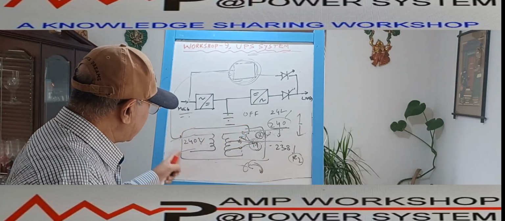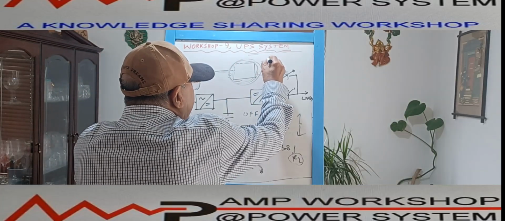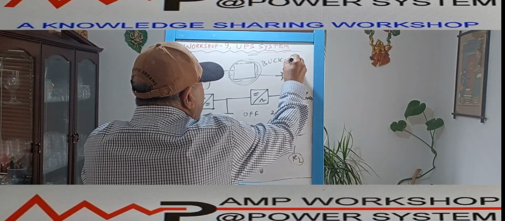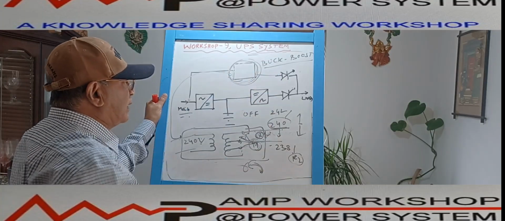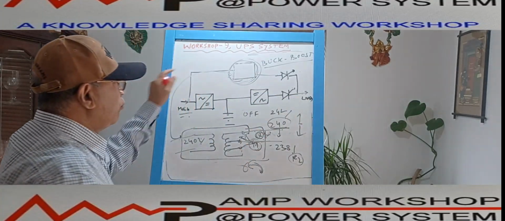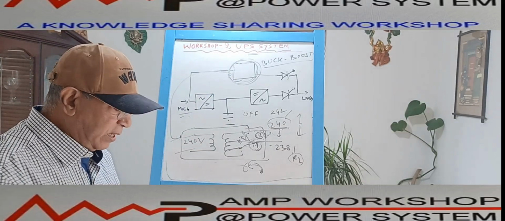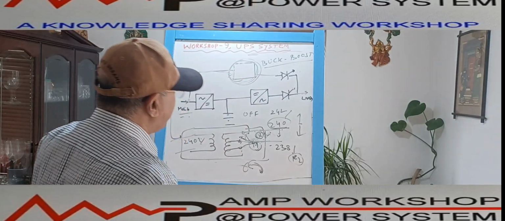So if this transformer is added over here, it is called a buck boost transformer. If I use the buck boost transformer in the bypass line to get a better voltage profile on the load, then we call it an offline interactive UPS system. So this is one of the ways we can do this.